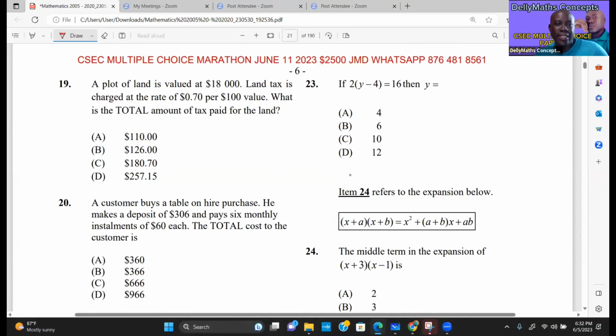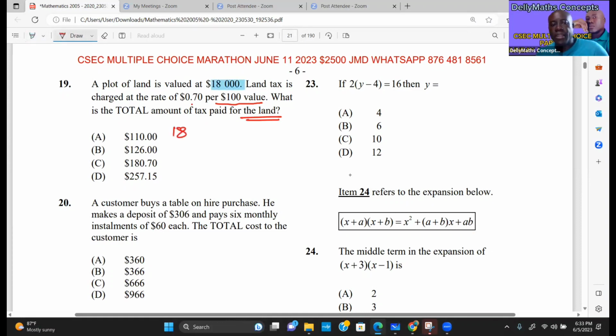Now, a plot of land is valued at $18,000. Land tax is charged at a rate of 70 cents per 100. What is the total amount of tax paid for the land? Tax is paid per 100. So you need to find out how many hundreds I have in this first.